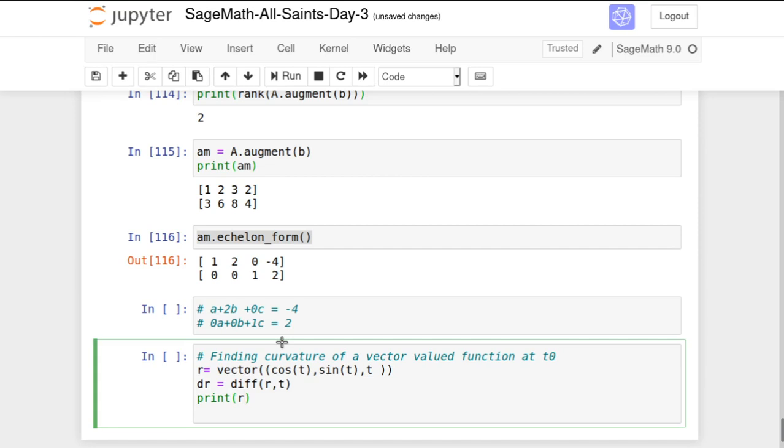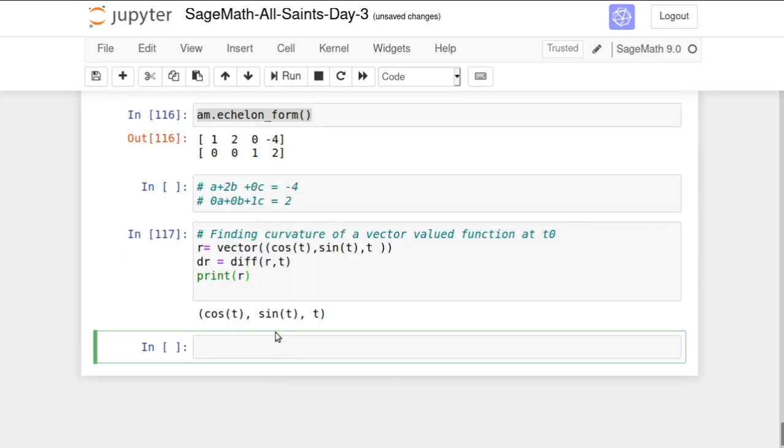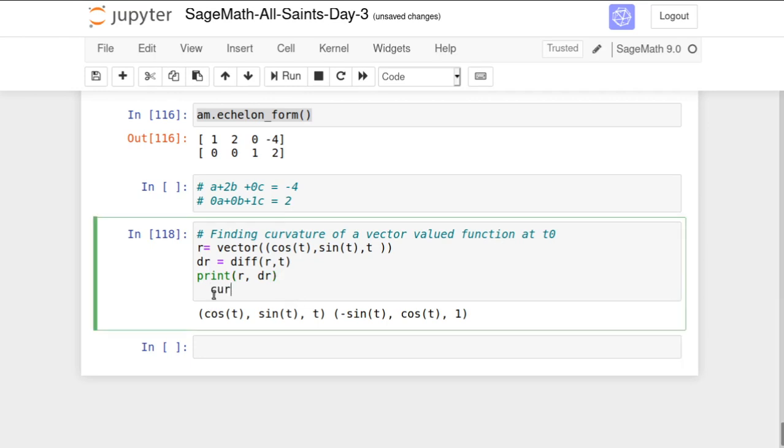Let us split it. r, dr. So we get the derivative to be this. Now to find the curvature, we know that the formula is the following. Curvature is equal to the norm. For finding the norm, the command is norm. Norm of the derivative of r.